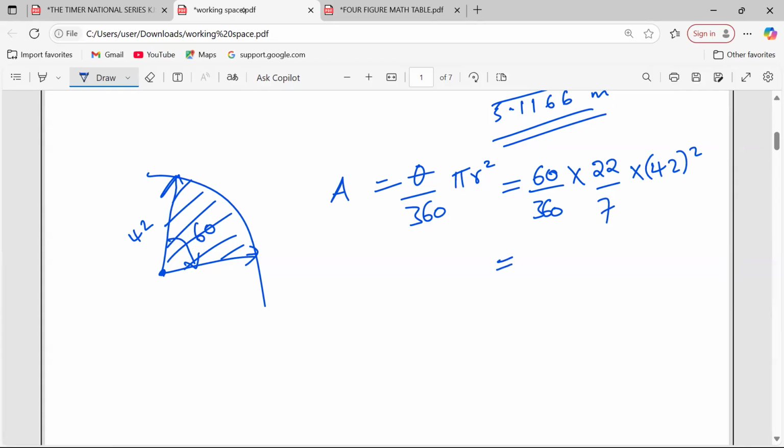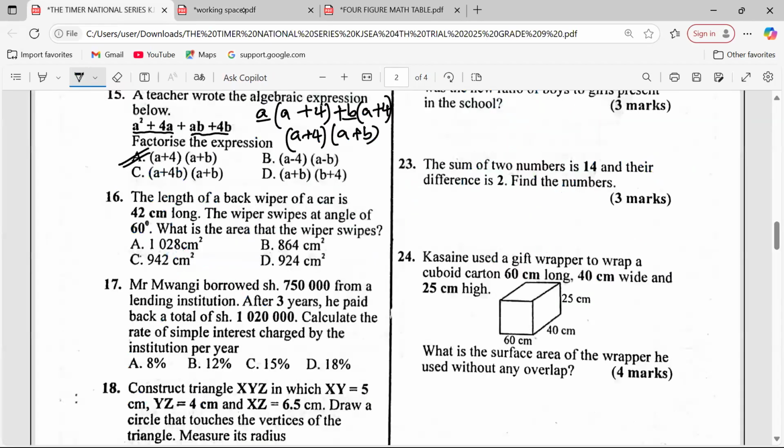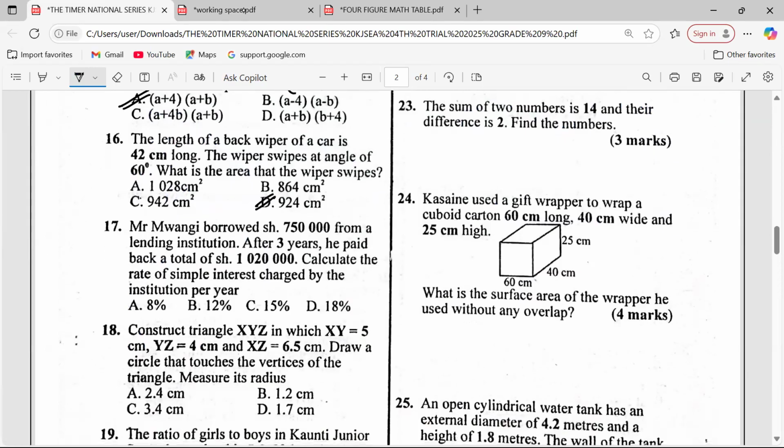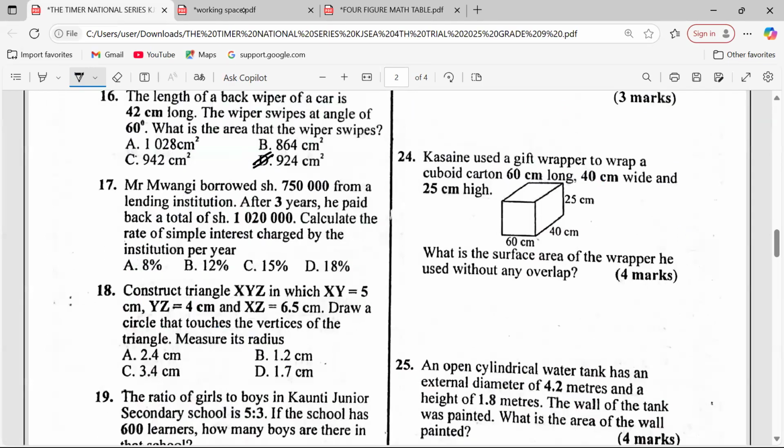So from all these now, we work out and realize that the most appropriate answer is 924 square centimeters. So option D becomes the most appropriate.